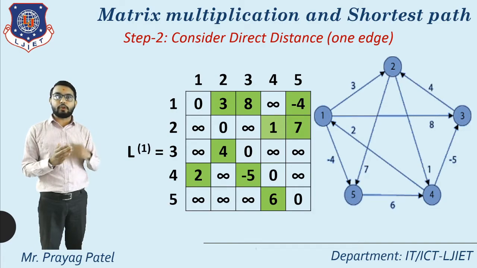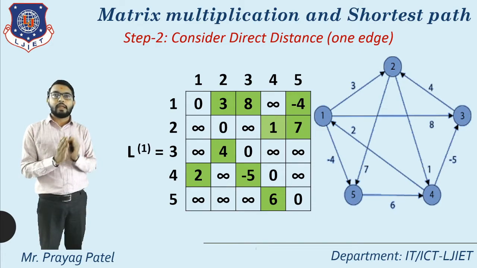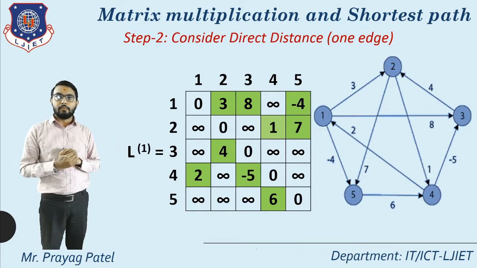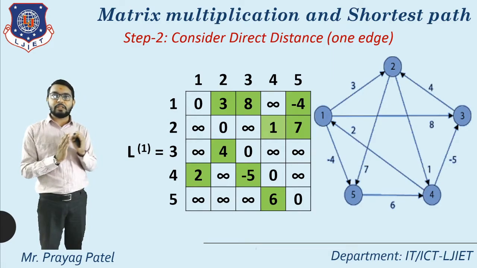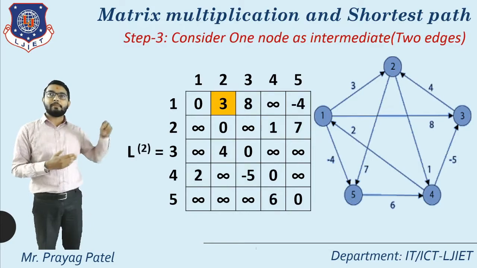Remember this point, how you can solve this example. Initially you can represent 0 and infinity, then consider the direct distance, then in next step consider only one node as an intermediate node. Here one node as an intermediate means you can say that consider two edges.